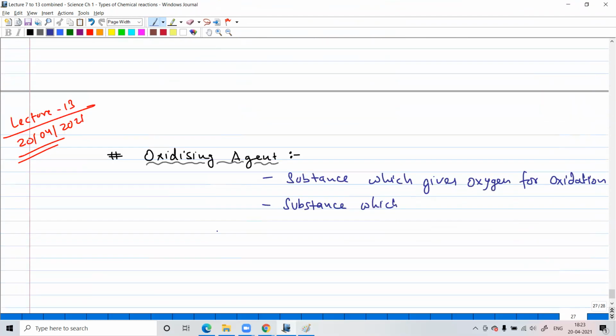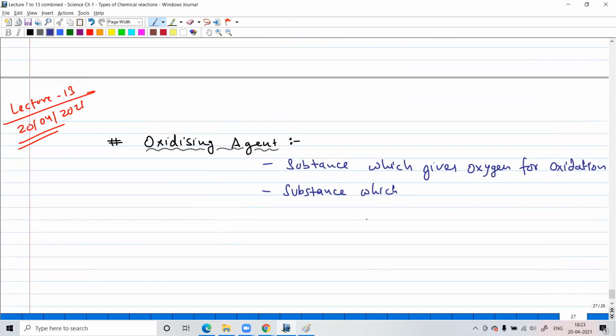All right. So the substance which removes hydrogen, like chlorine over there. Chlorine removed the hydrogen. So the substance which removes hydrogen, any one of these happening, that will be called your oxidizing agent.